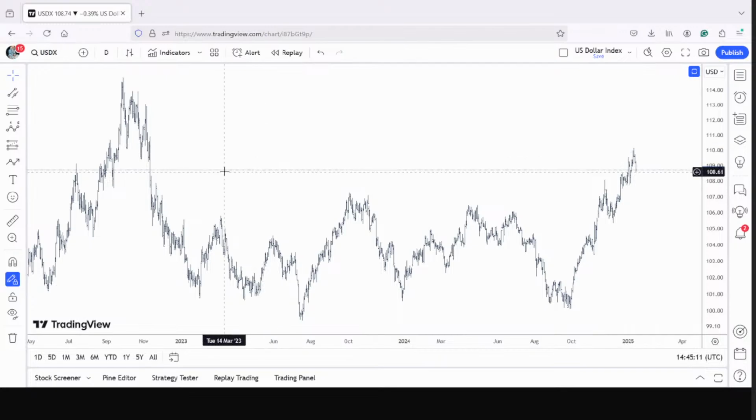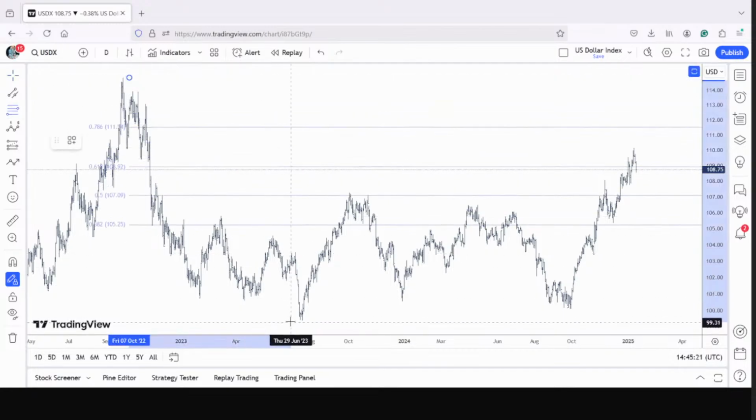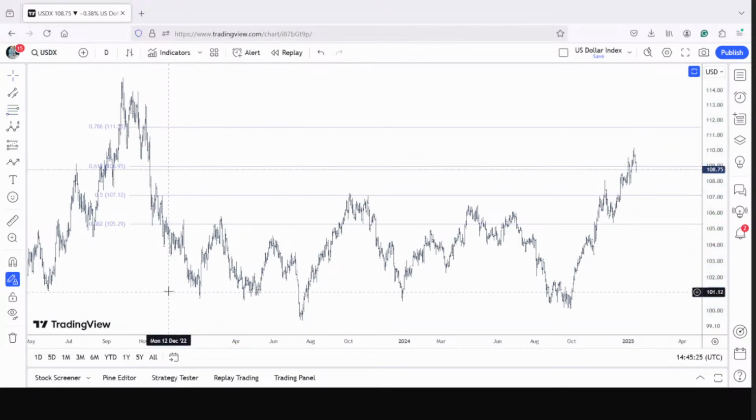Now, the big question you should always be asking as a trader is, what is next? That's where the technical price action, the Elliott wave theory, and technical analysis like Fibonacci and trend lines come into the picture. You've got to differentiate between information and knowledge. What is happening, and what is being told, is just information.